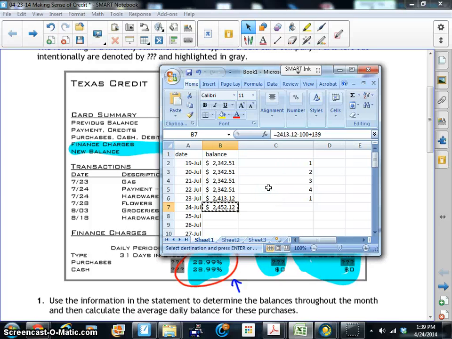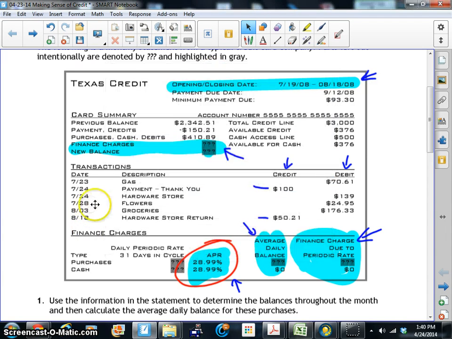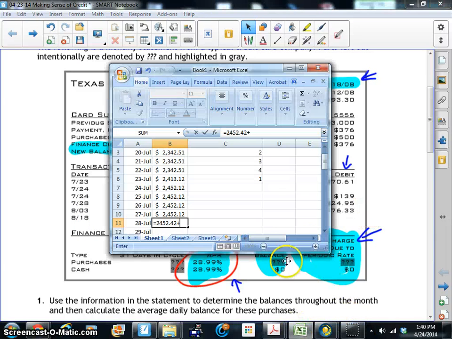So we have that from the 24th to the 25th to the 26th to the 27th, and then on the 28th it changes again. So I'm going to take that number, equal to 2452.42, and then we're adding on a new charge. It wasn't till July 28th that we added flowers at 24.95.